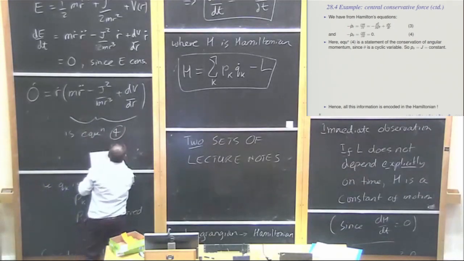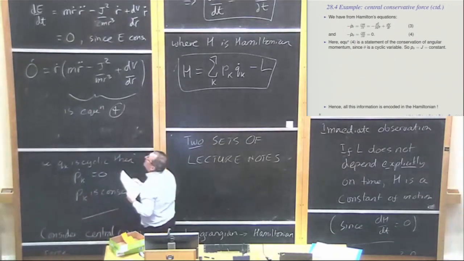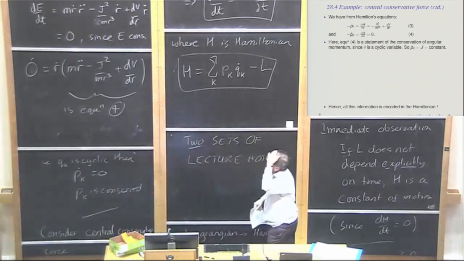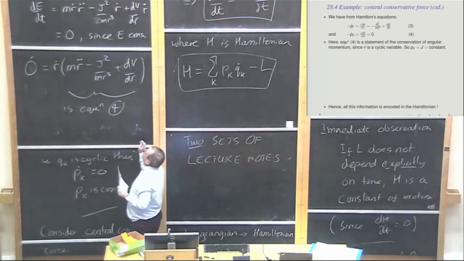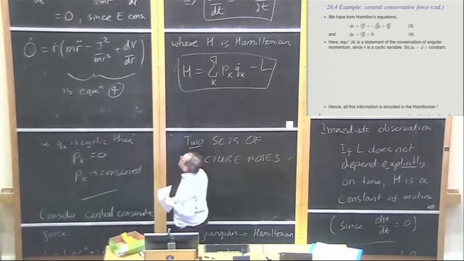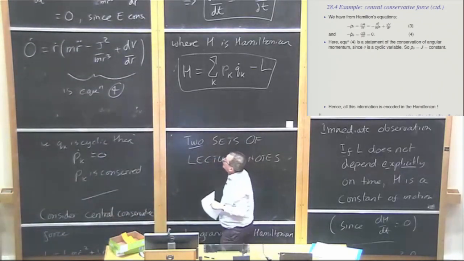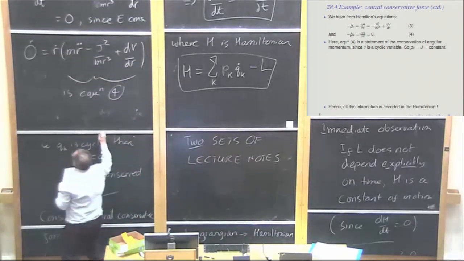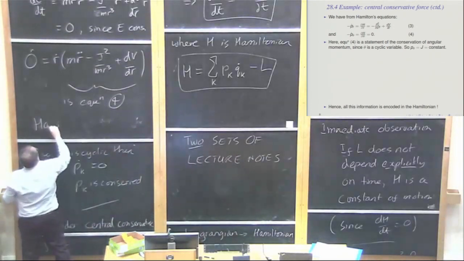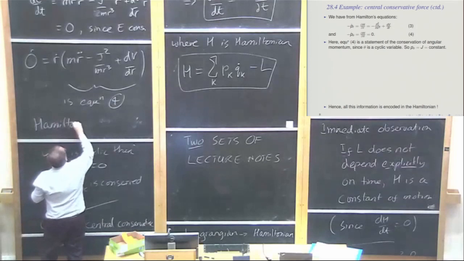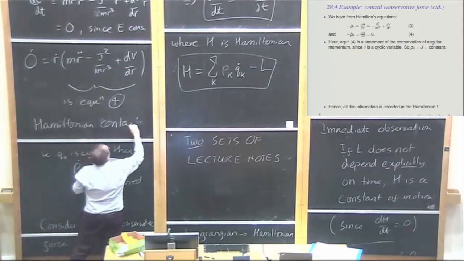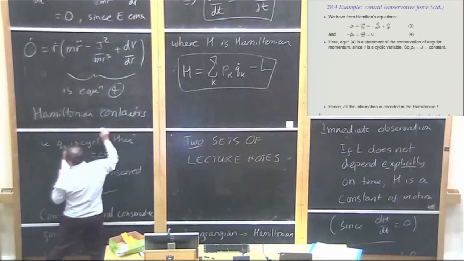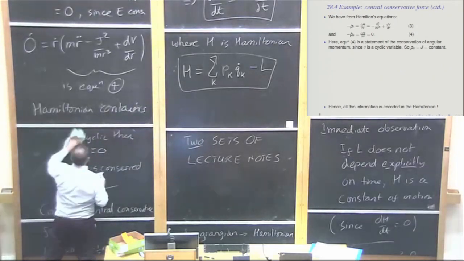So all I've done is to show you that equation 3 from Hamilton's equations is entirely consistent with what we've known from other directions, from the consideration of central potentials. So the Hamiltonian contains all the knowledge on the system. Okay.